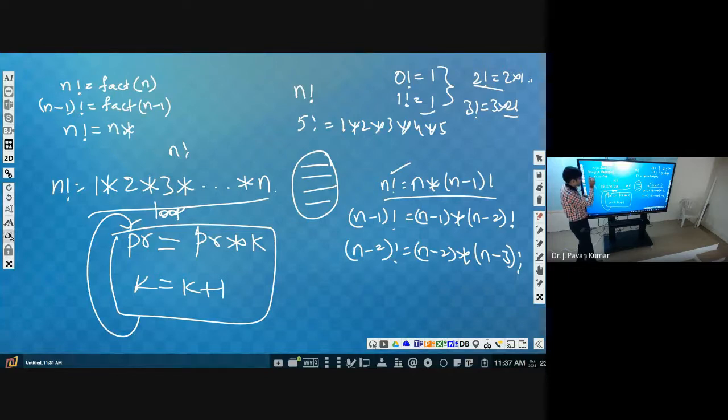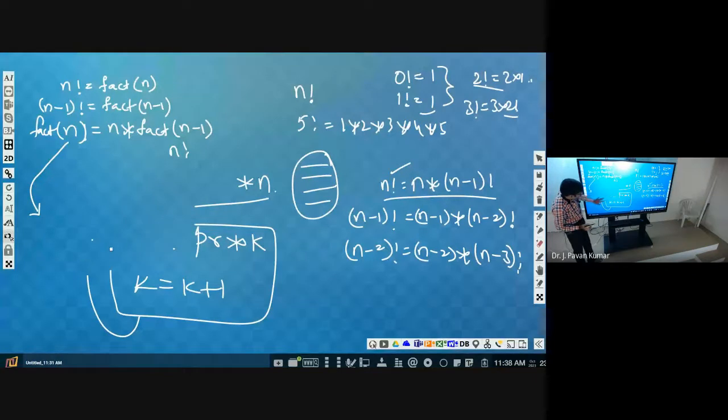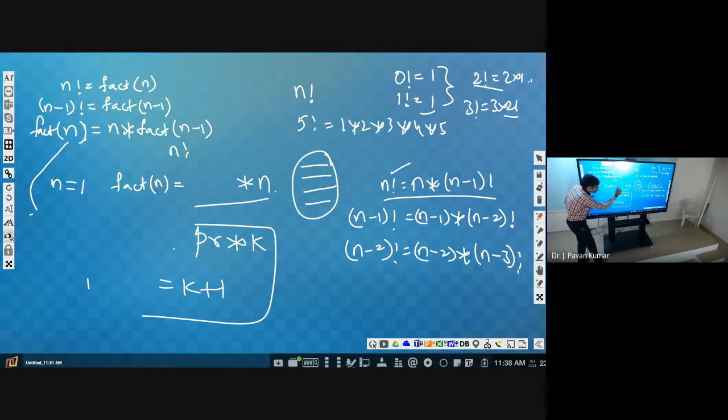Fact of n is equal to n into fact of n minus 1. And we know that whenever n value is 1, fact of n is 1, and whenever n value is 0, fact of n is 1. These two things we know.